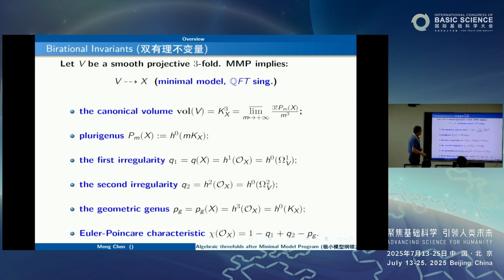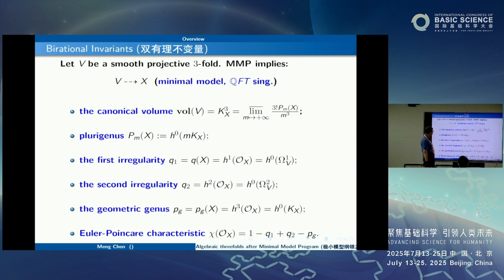Okay. So for threefolds, usually the birational invariants, we use nothing but these. The first is the canonical volume.